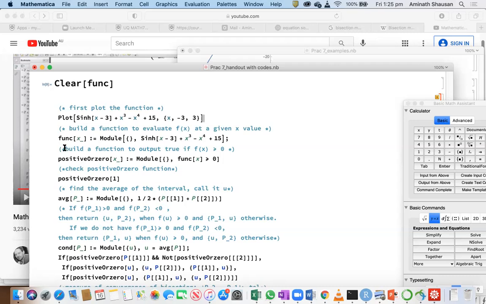The brackets with stars are comments. I have explained step by step what's happening.